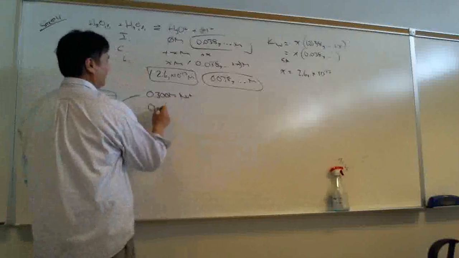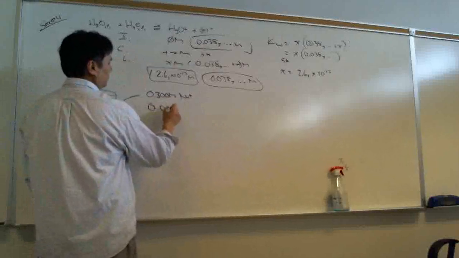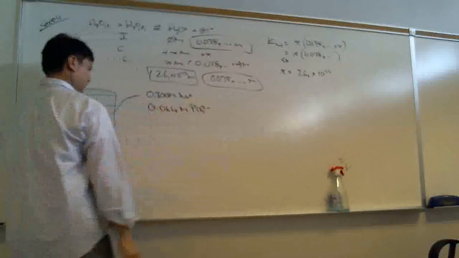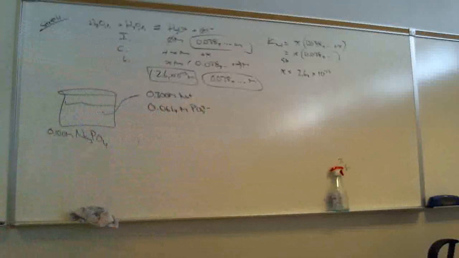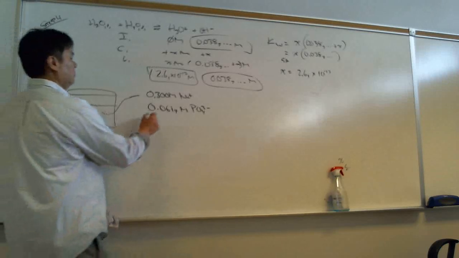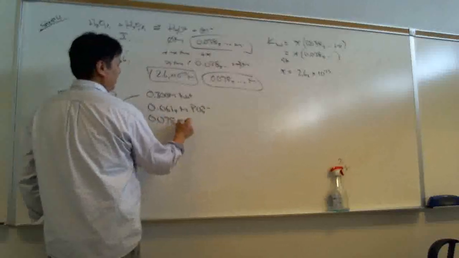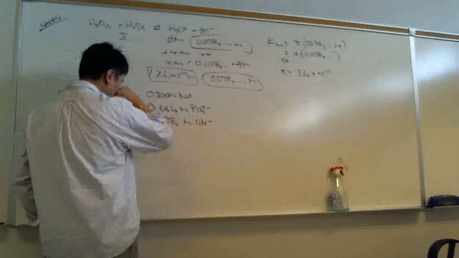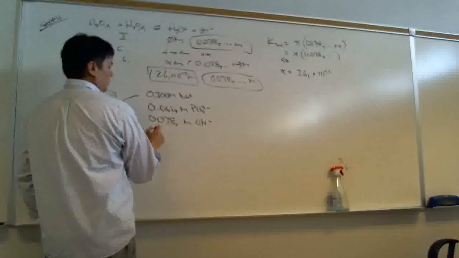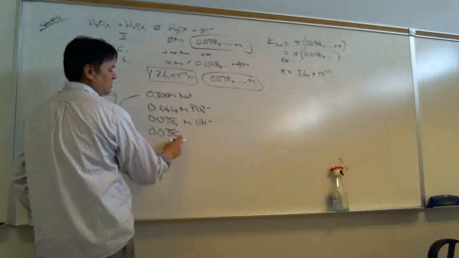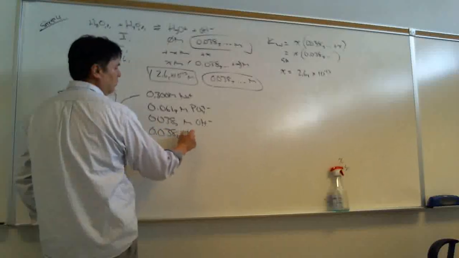Phosphate, 0.06. Okay, followed by hydroxide. How much hydroxide? A little more than 0.0383 molar hydroxide. Followed by, I'll carry an extra digit because this is closer to 3 than 2.9 molar.